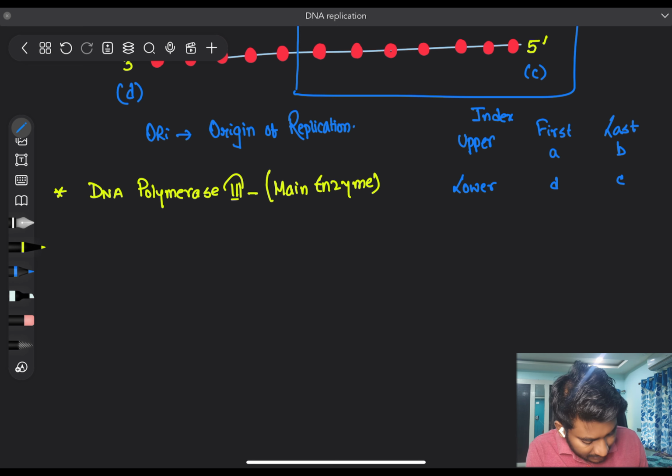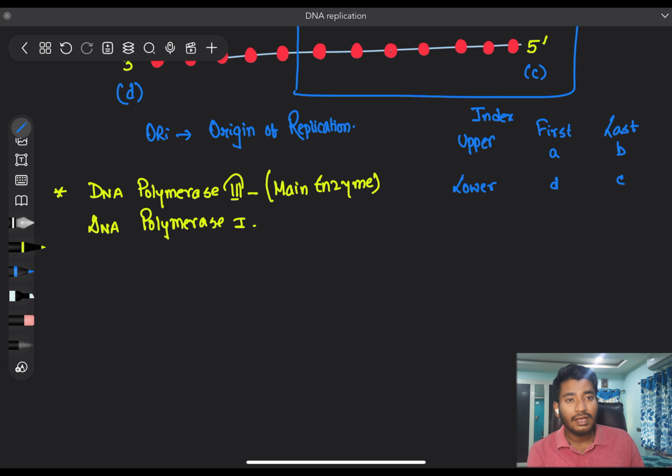And DNA polymerase 1 is called the Kornberg enzyme.